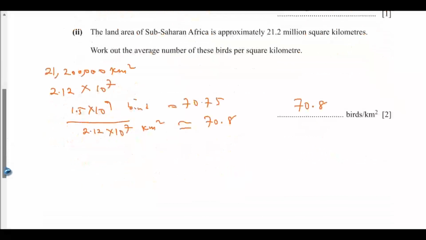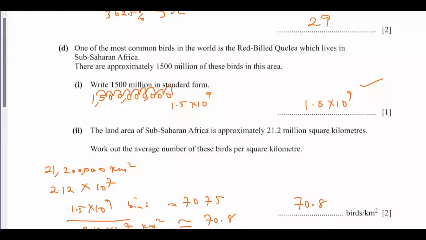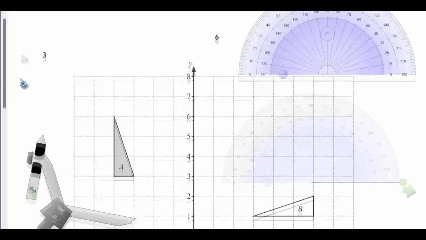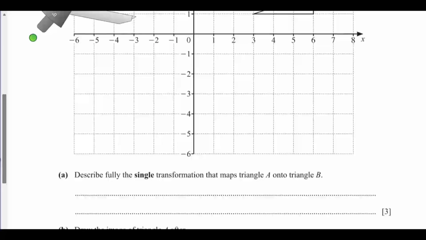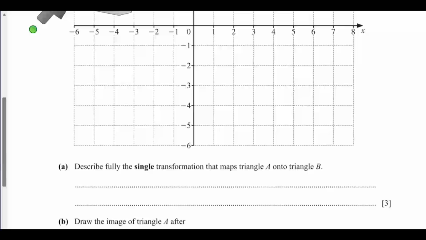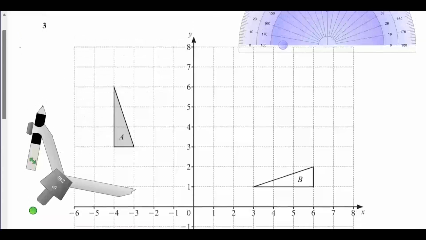So let's go to the next question. That will be question 3. Describe fully the single transformation that maps triangle A onto triangle B. If you label triangle A, this will be point P, point Q, and point R. If you turn this anticlockwise like this, you see that point P will now be P prime here.